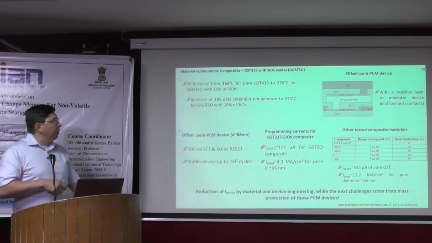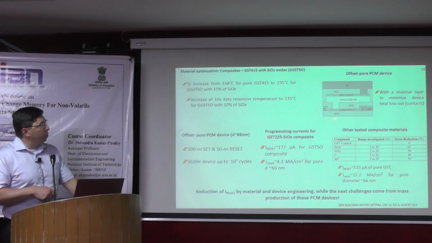Here they made a cell with an offset. This is the lower bottom contact, this is the chalcogenide layer, and this is the bottom contact. But they also introduced a resistor layer here to minimize the device heat loss.